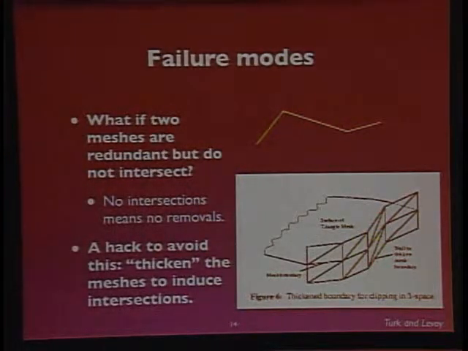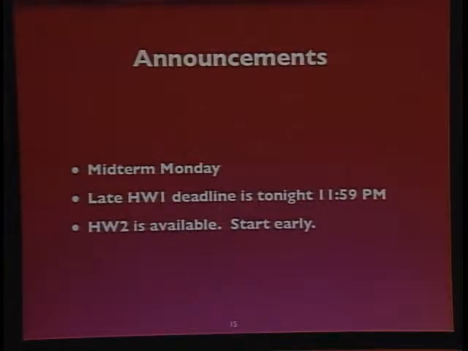And then the intersection problem has become more complicated, because instead of doing a plane-to-plane intersection test to figure out if the two separate meshes overlap with each other, you have to do this fat slab versus fat slab intersection test to see if the slabs intersect with each other, which is more time-consuming. Okay, so any questions about mesh-based methods before I talk about administrative stuff and then go on to volumetric approaches?